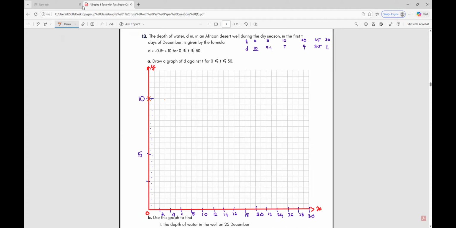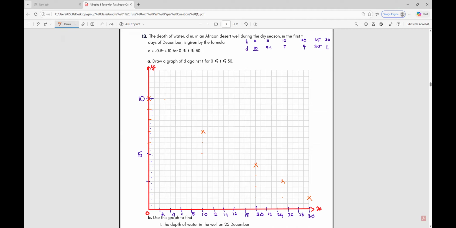This is 5, 6, 7. 20 is 4. 25 is 2.5. Last one, 30. 30 is 1.